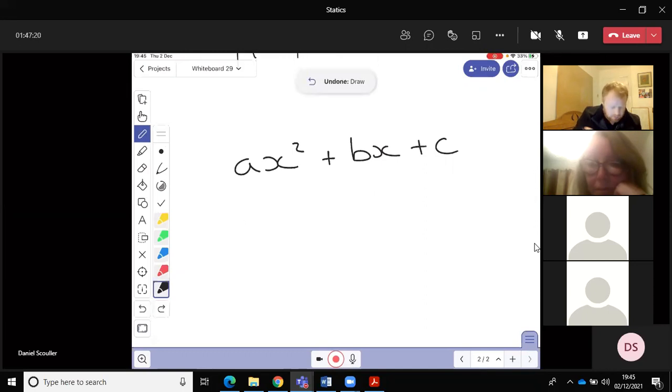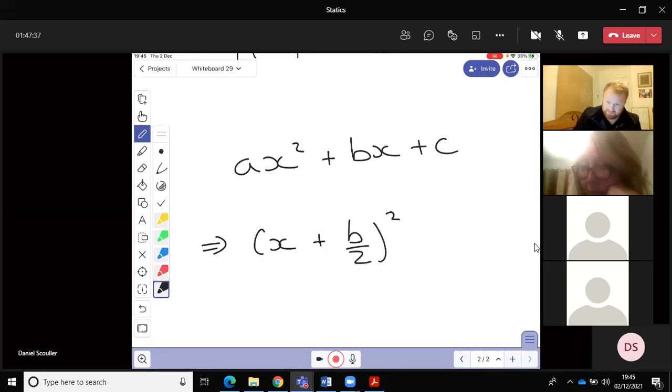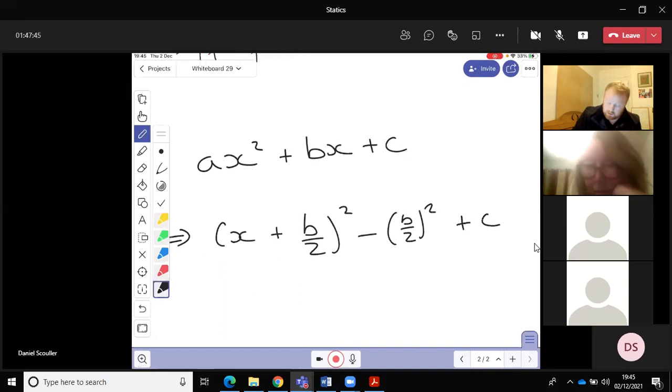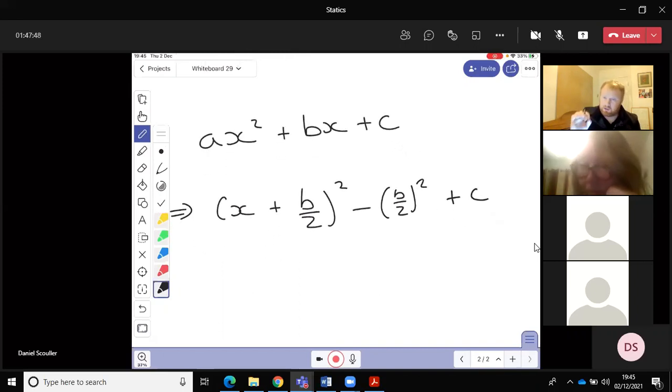So don't be put off by those letters. What we're changing the format to is (x plus b over 2) squared, minus (b over 2) squared, plus c. Now that looks really, really odd.